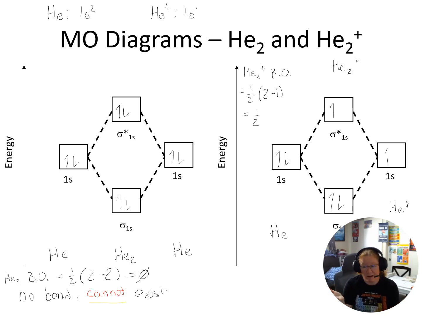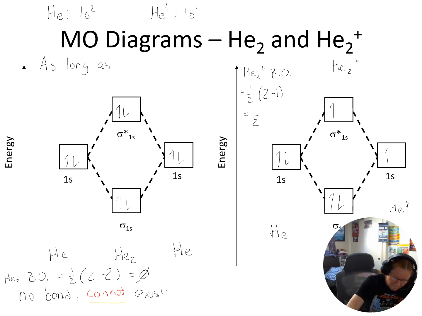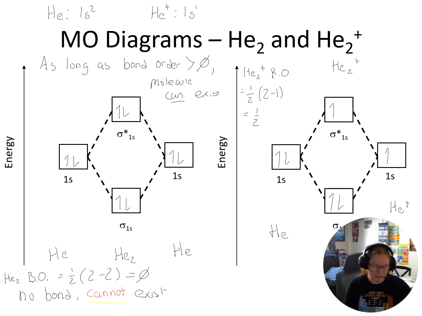It wouldn't have a very strong bond. It only has a bond order of 1/2, which isn't even a full single bond. But as long as the bond order is greater than 0, the molecule can exist.